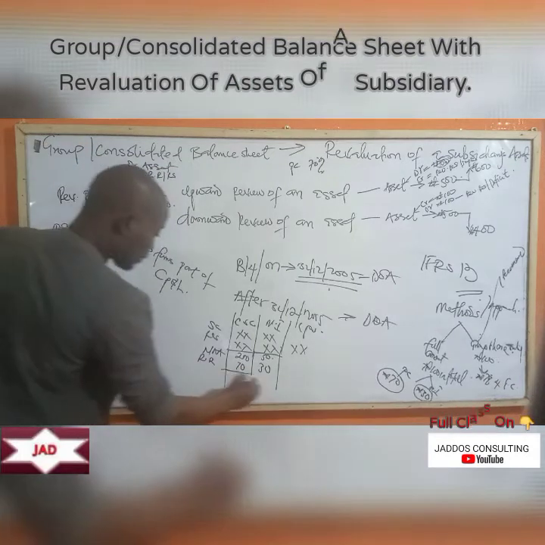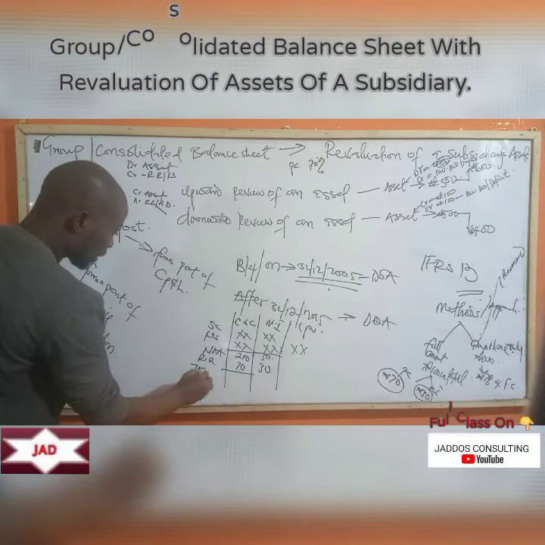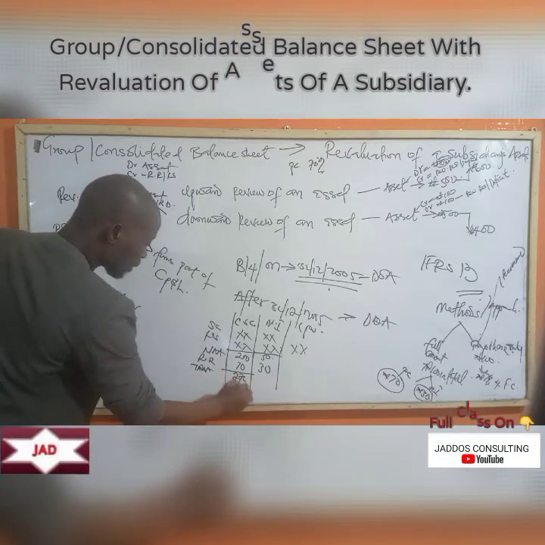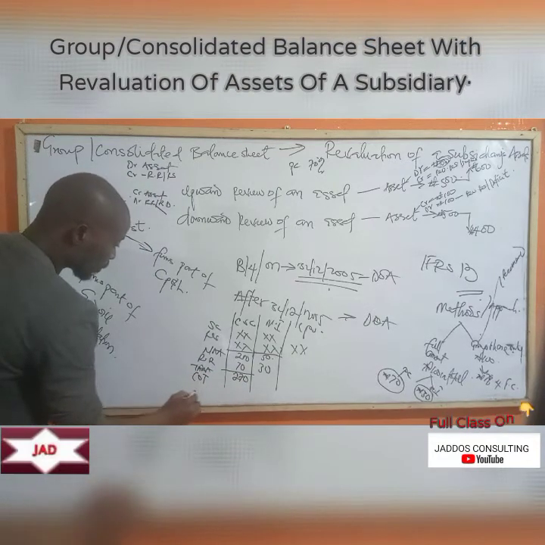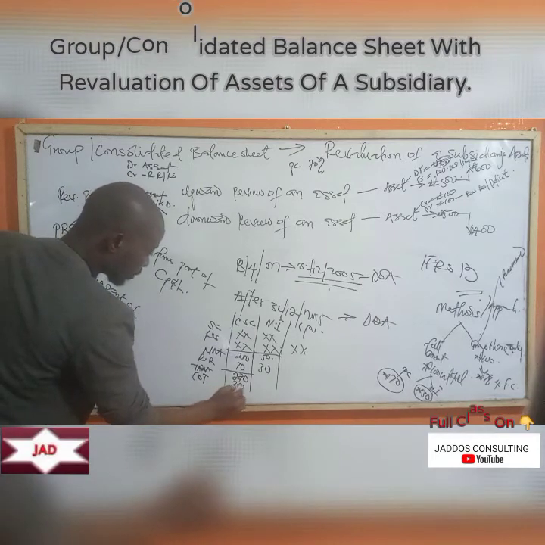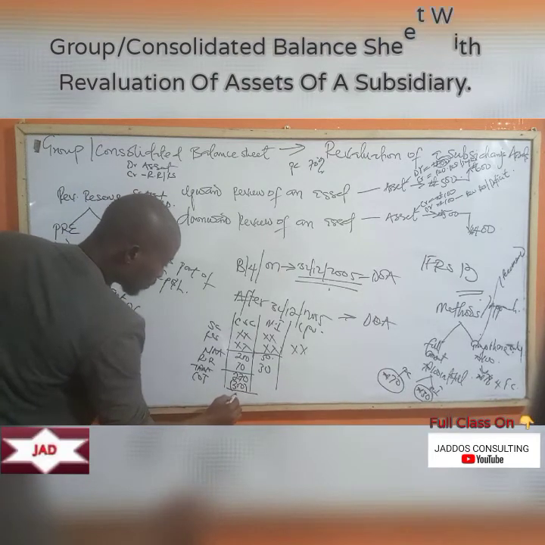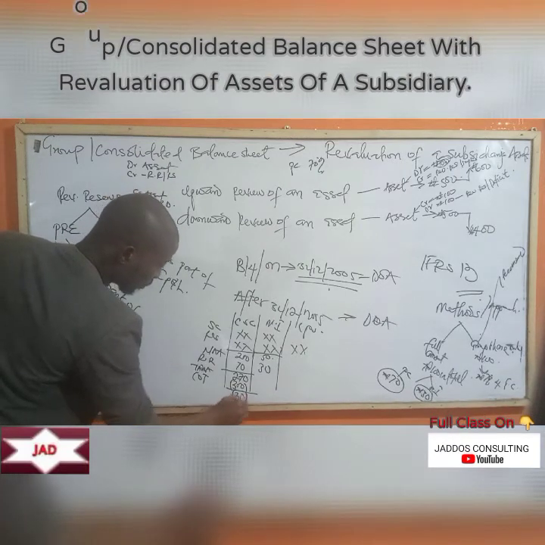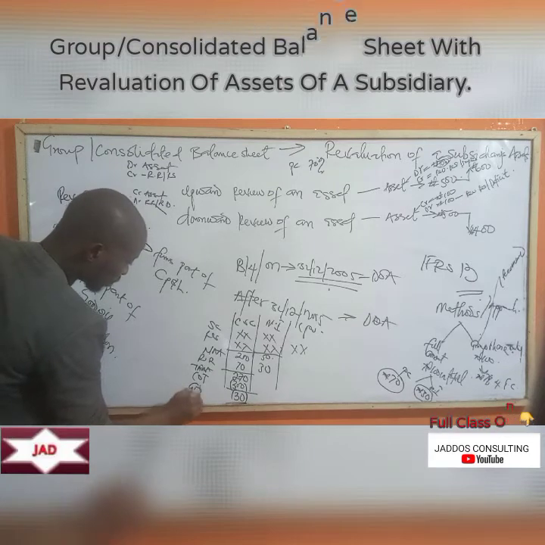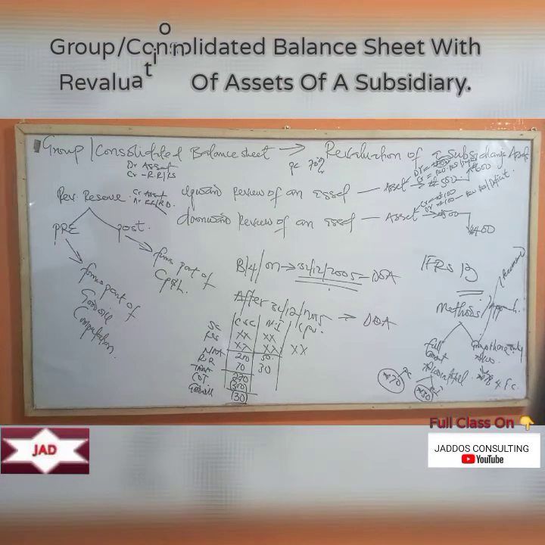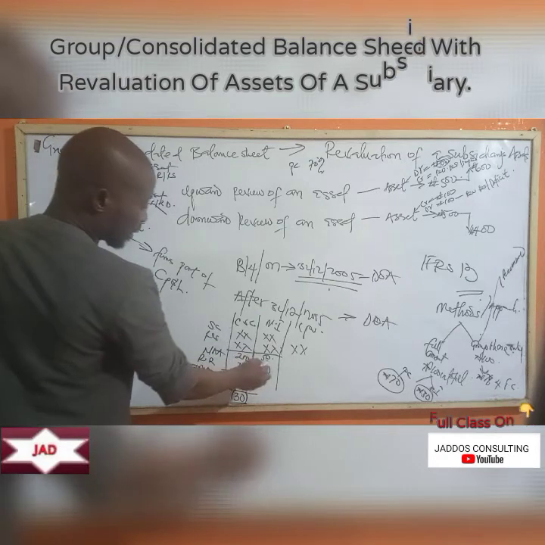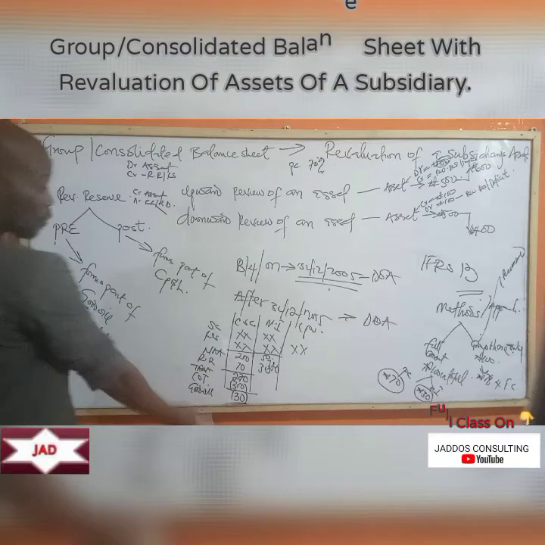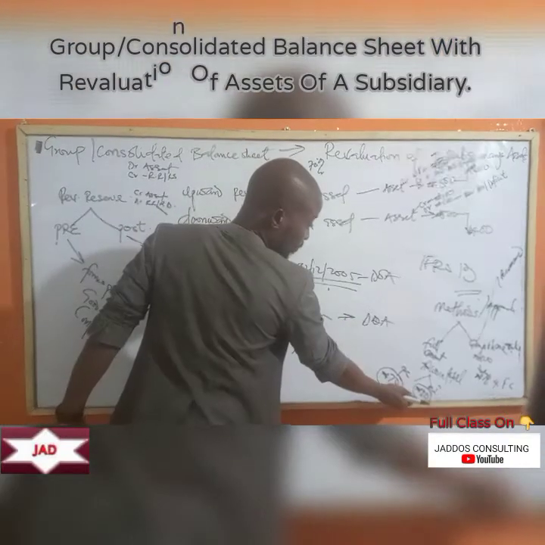So your total net assets acquired will now be 270. So you bring your cost of investment, let's say that one is 300. So your goodwill will be 30 naira, right? So this is your goodwill. Minority interest will be 80, which is 50 plus 30. That means you're using the full amount approach.